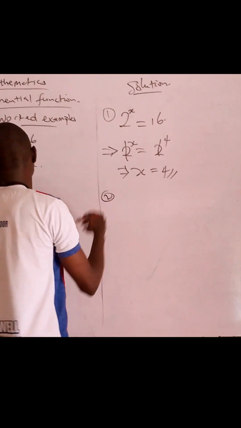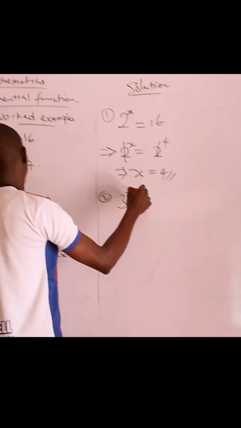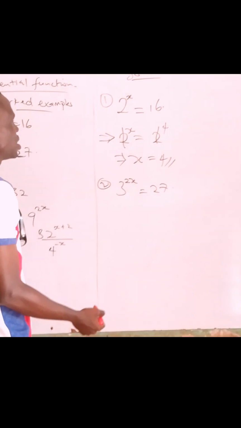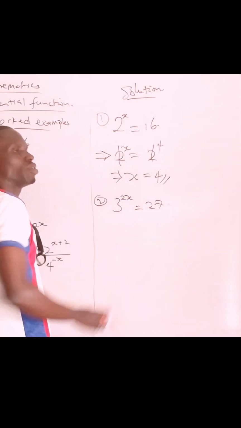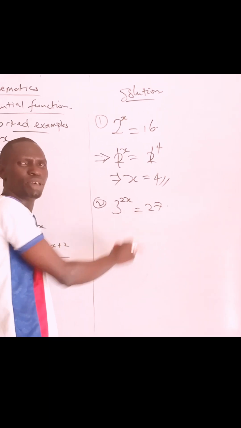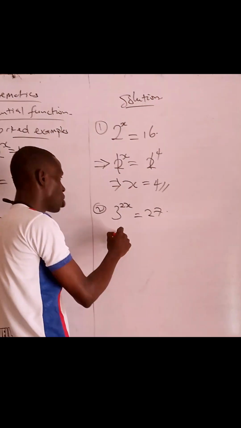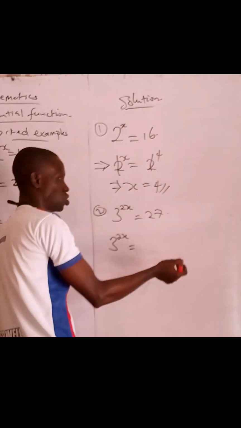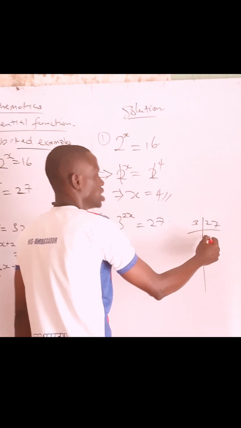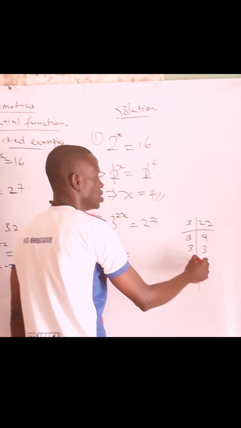Now number 2, we have to simplify 3 raised to the power 2x equal to 27. The same way as we solved this, we are going to solve this. Let's change them to the same base, which is 3. So this is 3 raised to the power of 2x equal to 27. Now, 3 into 27 is 9, 3 into 9 is 3, and 3 into 3 is 1.